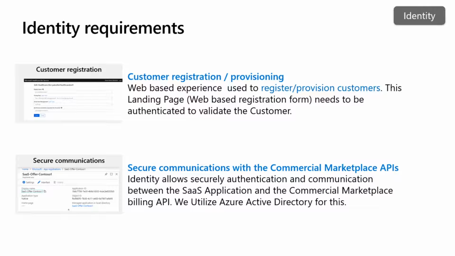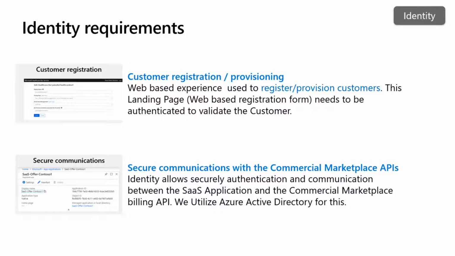The second part is the identity requirements. If you think about the marketplace, you're going to have two main requirements. One is, hey, I need to make sure that whoever comes to purchase the solution is someone I can authenticate and validate that this is a proper request. That's number one. And the second part is I need a way for secure communication between the commercial marketplace APIs, right?